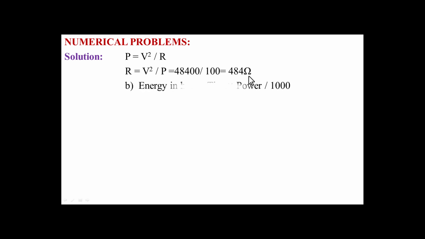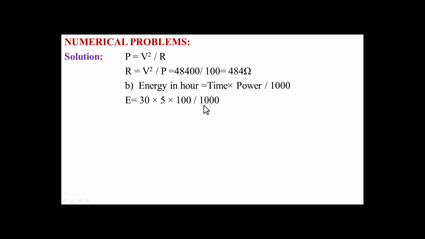Now we can calculate the energy: time multiplied by power divided by 1000. Now putting the values, energy E is equal to 30 days multiplied by 5 hours multiplied by power 100 watt divided by 1000.